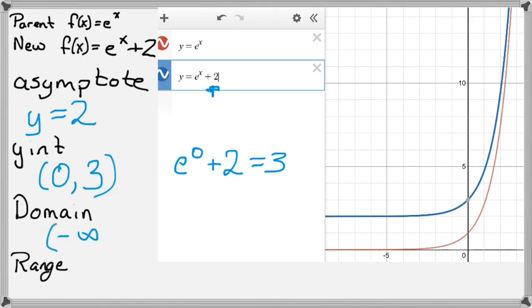Domain is going to be consistent. It does not change for any of these exponentials. My range, I look at where my asymptote starts, and that's going to be my starting value. I'm going up to positive infinity.